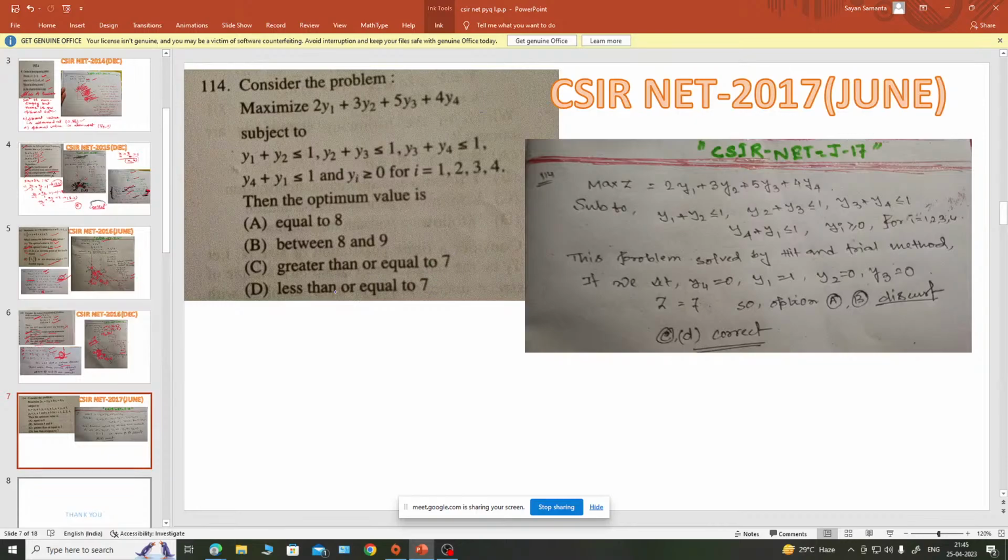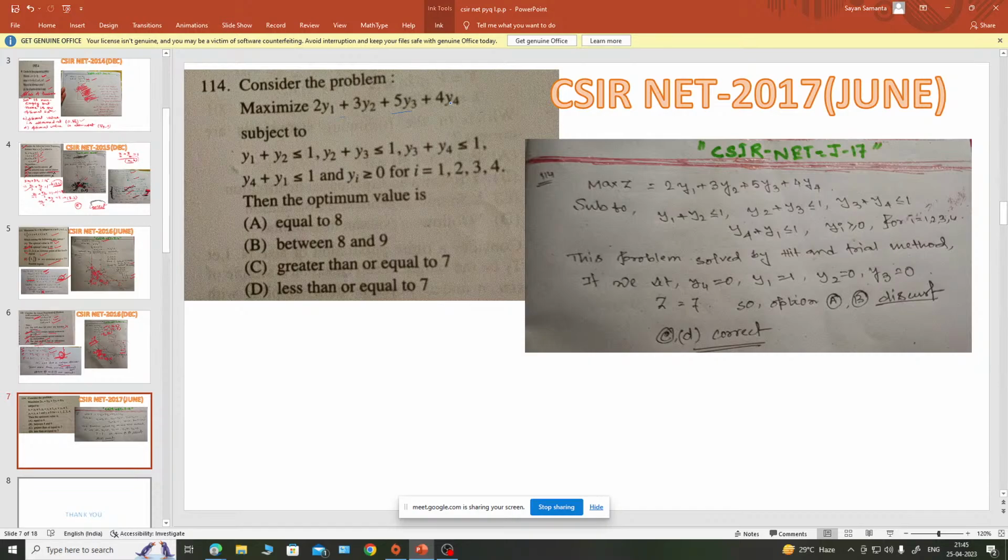We cannot solve this graphically, because the graphical method only works with two variables, and here more than two variables exist.